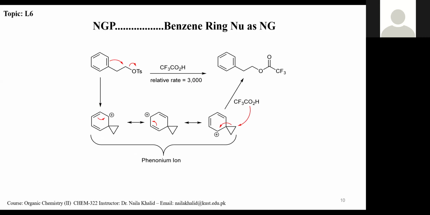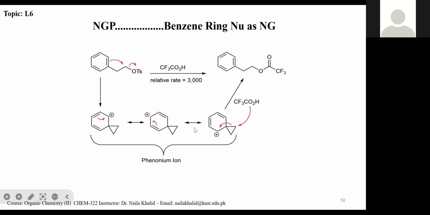Here is an example of a substrate which contains a benzene ring. So the benzene ring is also acting as a neighboring group, participating or interacting with the reaction center, and this will leave the surface. This is the tosylate group, toluene sulfonyl group. So when it is removed, you will get this type of cyclic intermediate, which is resonance stabilized, as is evident.